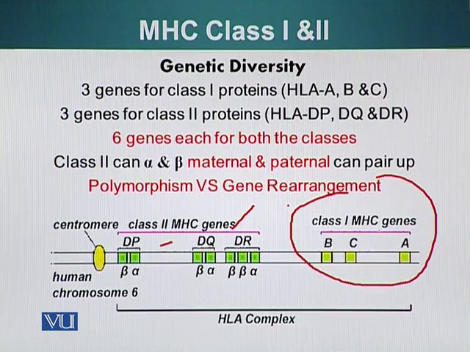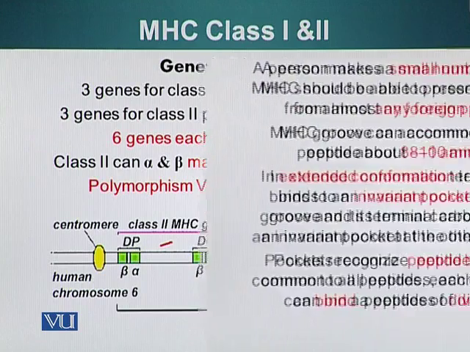Additionally, as I'll show you later, these MHC proteins are not as specific as antibodies or TCRs. Additionally, at least for class 2, as we saw, there are alpha and beta chains that form the antigen binding site. So the combination of paternal and maternal alpha and beta gene products can also generate additional diversity.